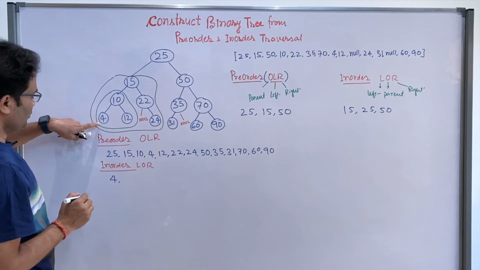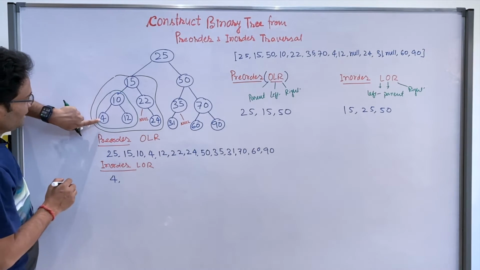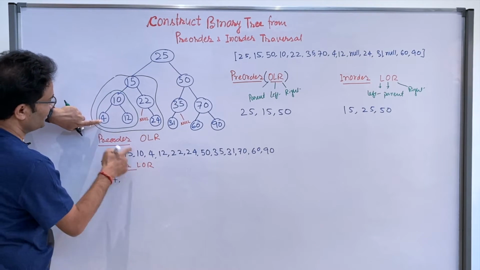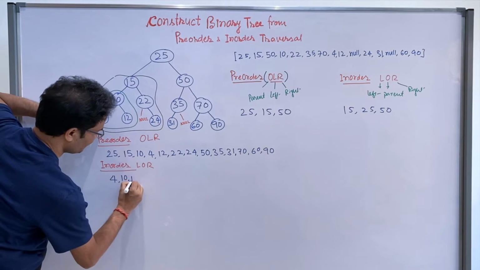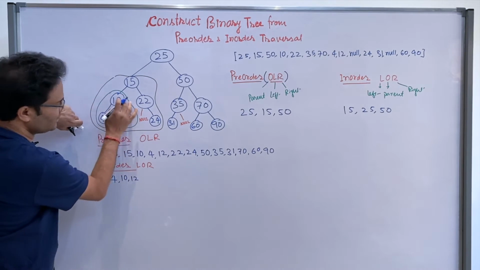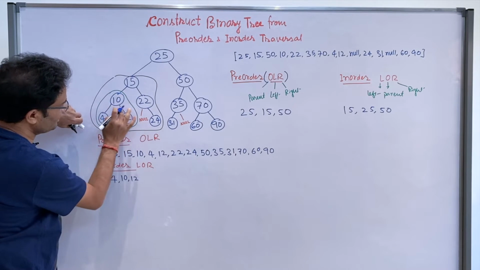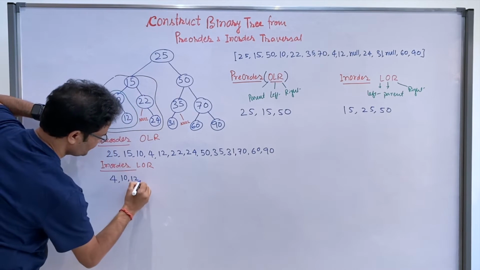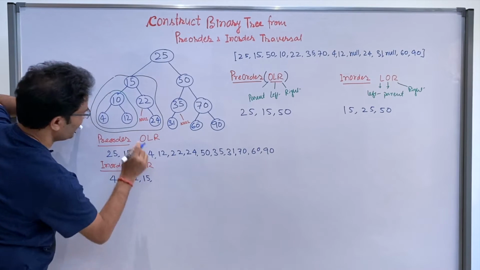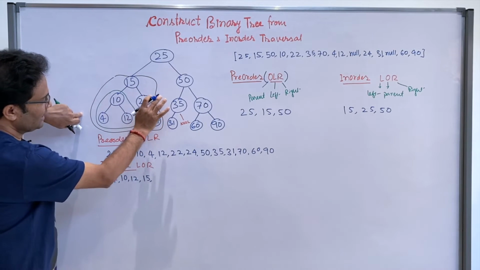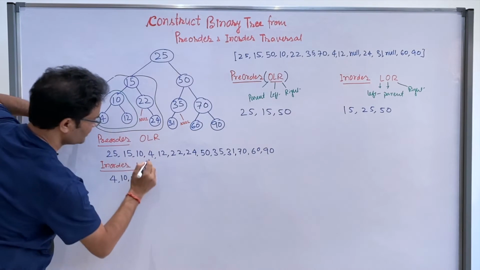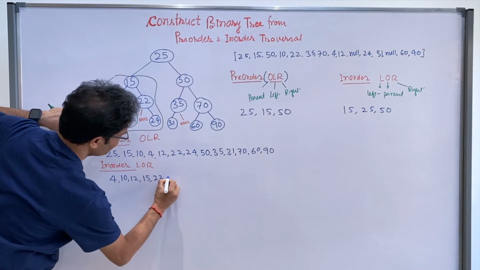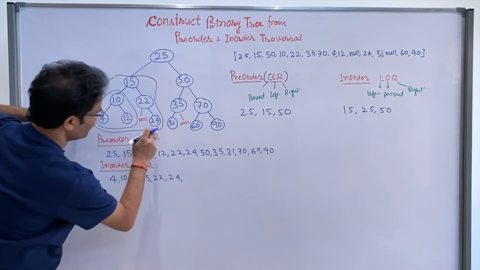Once you get the left, you have to find the parent. Parent is 10, and 12 is the right side. Once you have done that, it means you have done the left subtree, then write the parent. And then again come to the right side, where you don't have the left, so write the parent directly. So 22 is the parent and this one is your right side child.